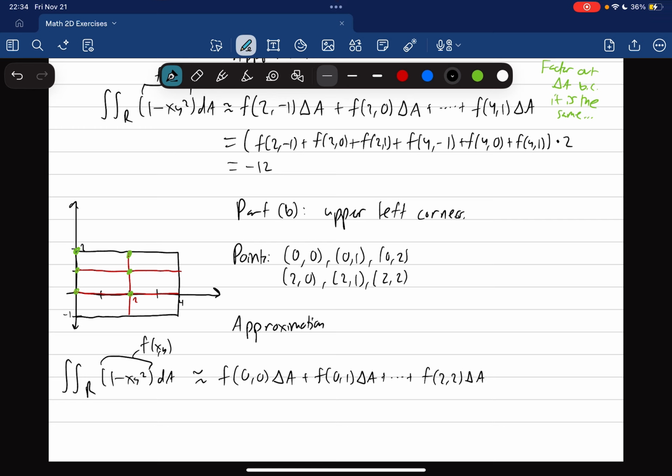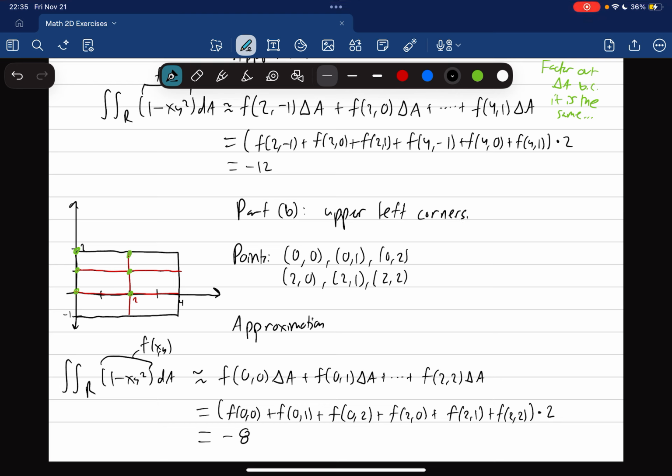So we add up at all the points, after we factor out the delta A, of course, times delta A, which is equal to 2. On the calculator, this works out to be -8. So this would be the approximation if we use upper left corners instead.